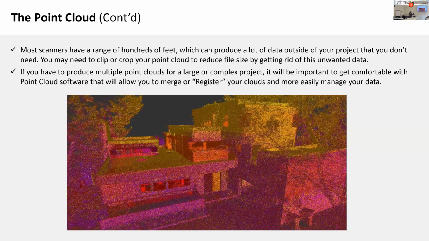Since the scanners have such a wide range, you want to trim up or crop out information. Here you can see it catches things like foliage and even rain if it's raining heavily enough. We crop that out on site, so it doesn't crash our laptops later when we're trying to model it.